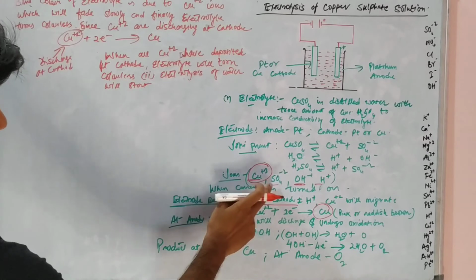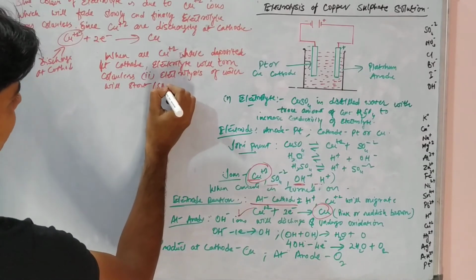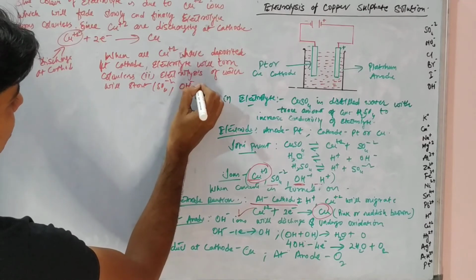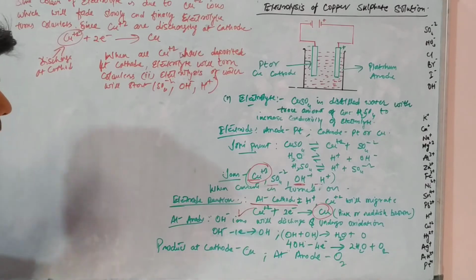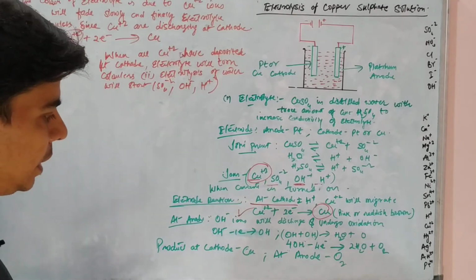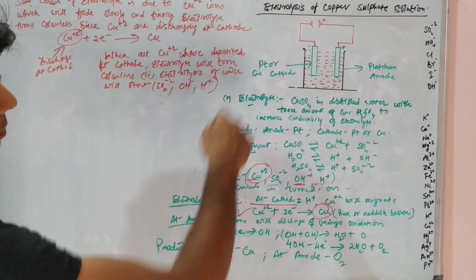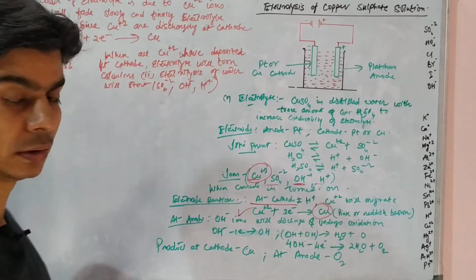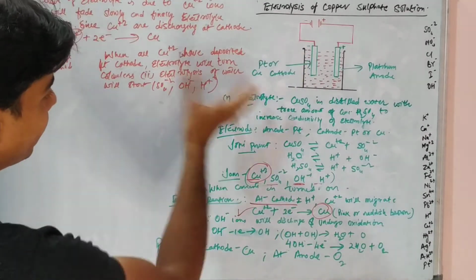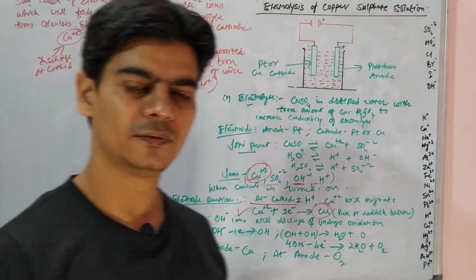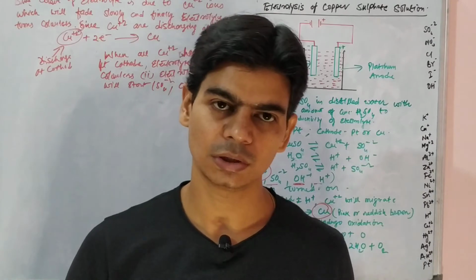Why? Because we now have sulfate, hydroxyl and hydrogen ions in the electrolyte. So the product obtained at the anode would be oxygen, and the product obtained at the cathode would be hydrogen when copper ions finish.